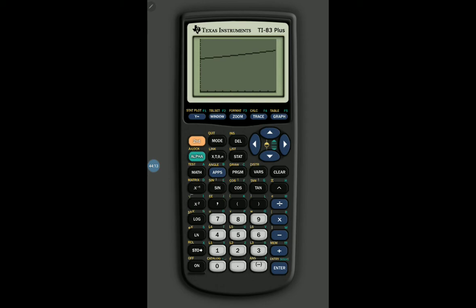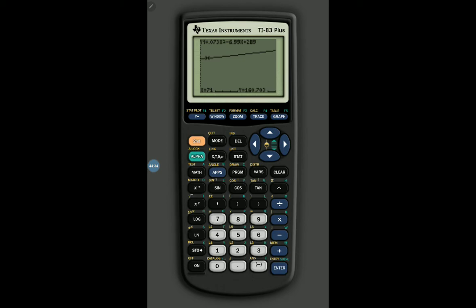We need that height. We can have the calculator give us that height by going to second calc, and we want the value. We're going to hit enter, and this is going to give us the exact value at 71, and that exact value is 160.7.